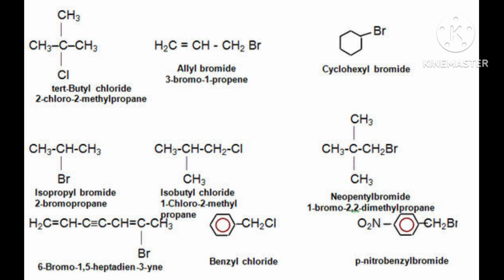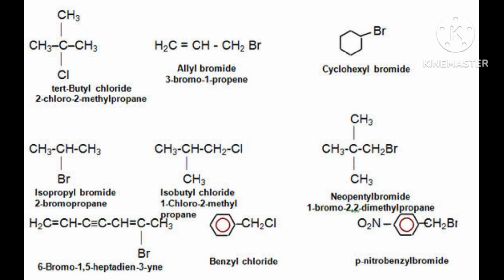Means with CH3 whole 2, that is the end, and at the first end is the bromine, and at the second end CH3 whole 2, means first, second, third. From the third carbon 2 CH3, 2 methyl groups are attached.